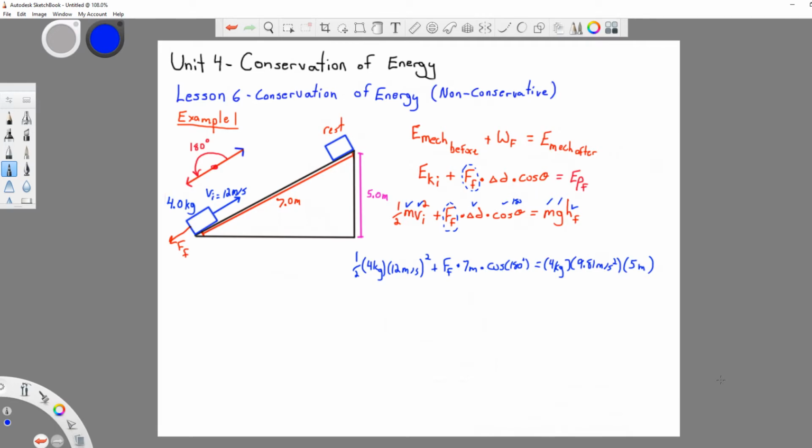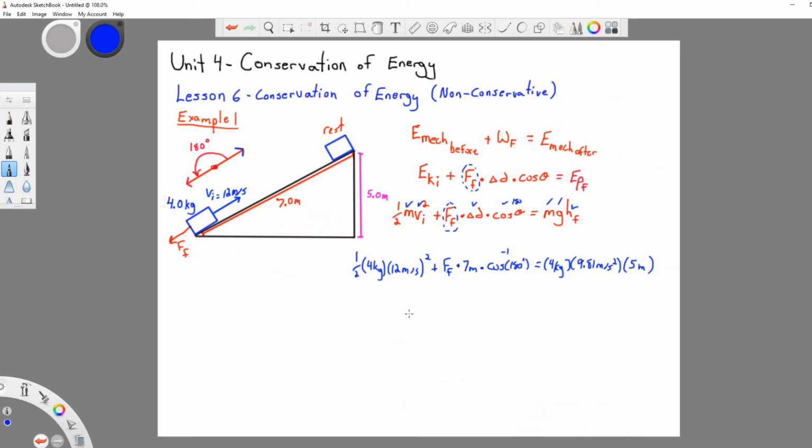Okay, so we can boil that down a little bit here, and I am going to skip a little bit of algebra steps. I solved this value, so cos 180 is -1.